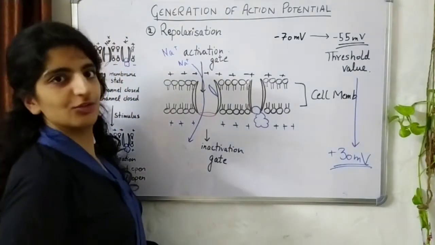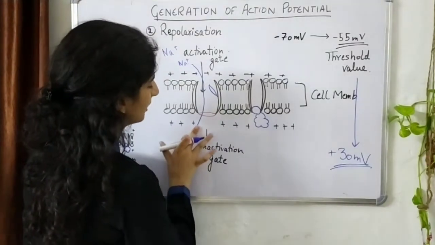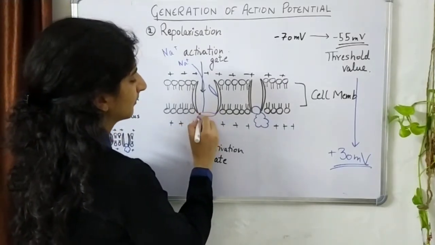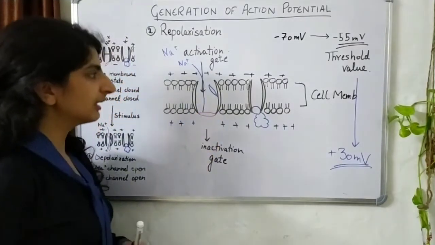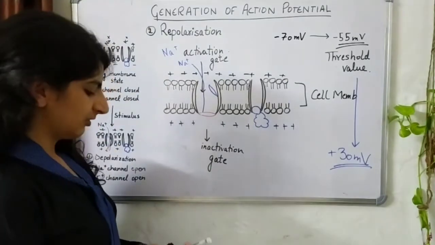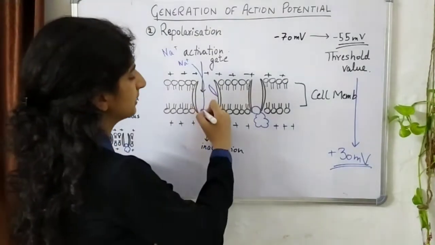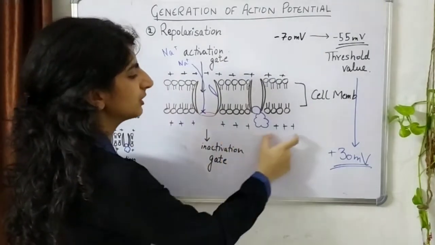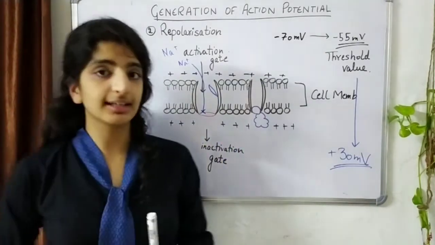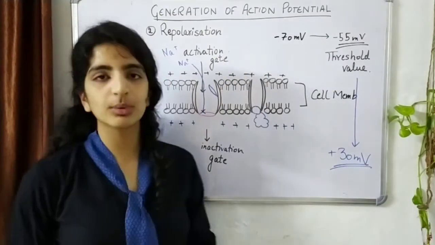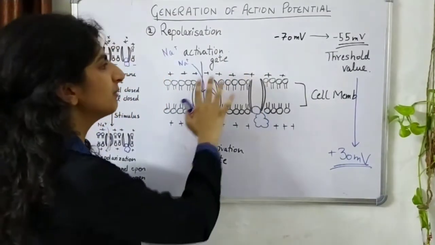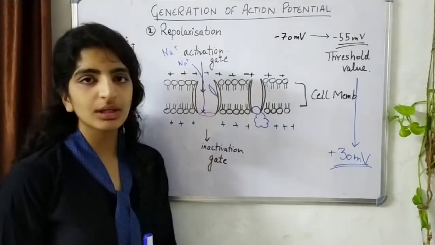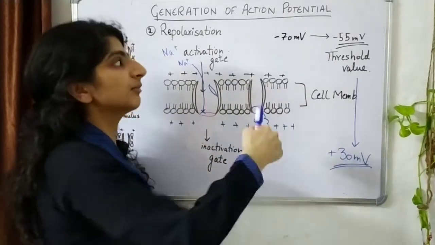And very obviously, this will not allow any further sodium ions to come in. But it's not just that. We don't just need to stop these sodium ions from coming in the cell. We also need to ensure that all these positive ions that are inside move out. Otherwise, they might hold this potential at some positive value, and we'll never be able to take it back to minus 70.